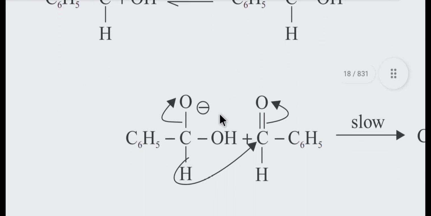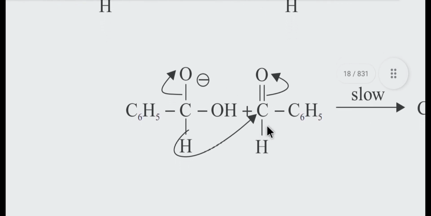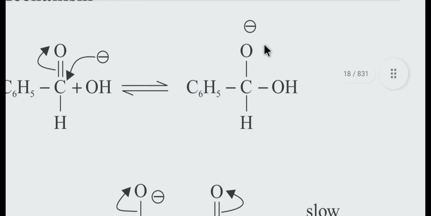Once again, another benzaldehyde group is needed. That is another benzaldehyde, C double bond O and H, attached to the phenyl group. But in this case, here is one negative oxygen. So this extra lone pair can come back and produce a double bond.